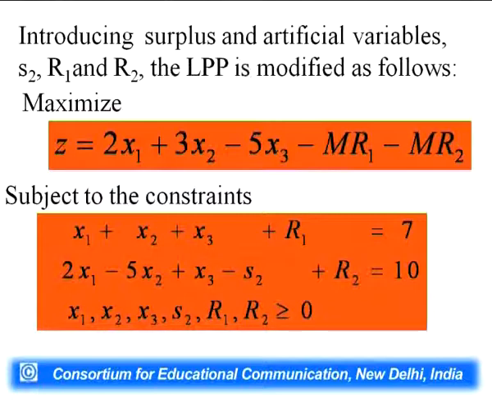Now, just concentrate on these two equations which are showing the constraints. The first equation has only an artificial variable and no surplus variable. Why is it so? Because the sign was only equal to. There was no inequality sign. So, there is no requirement of introducing any surplus or slack variable. The other constraint was of greater than or equal to nature.